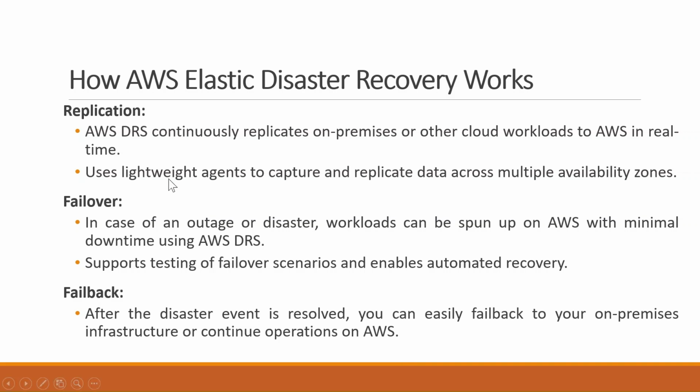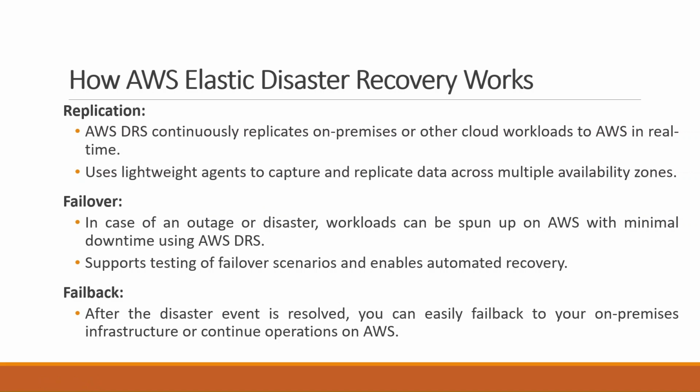Failover means in case of outage or disaster, workloads can be spun up on AWS with minimal downtime using AWS DRS. If something goes wrong, like a server failure, network issue or natural disaster, AWS DRS allows you to quickly move your workloads to AWS.